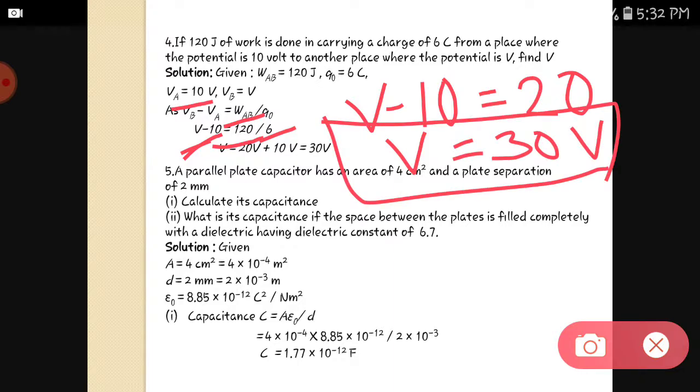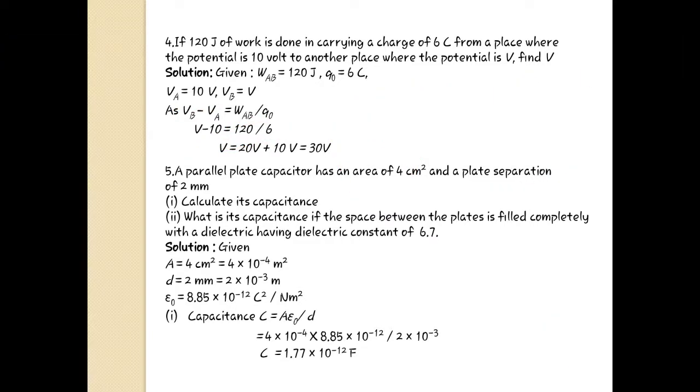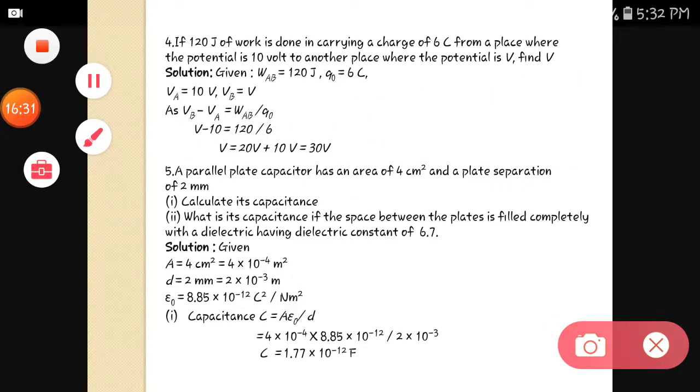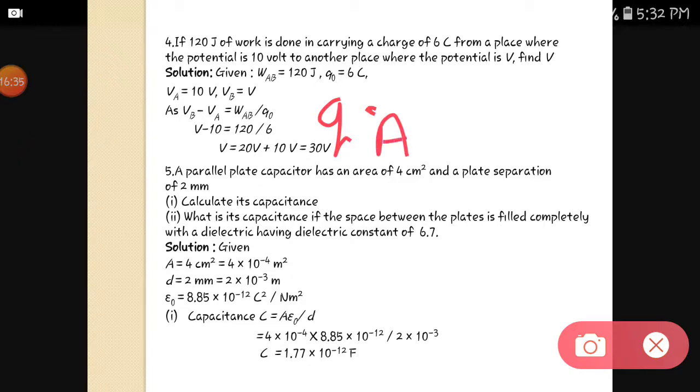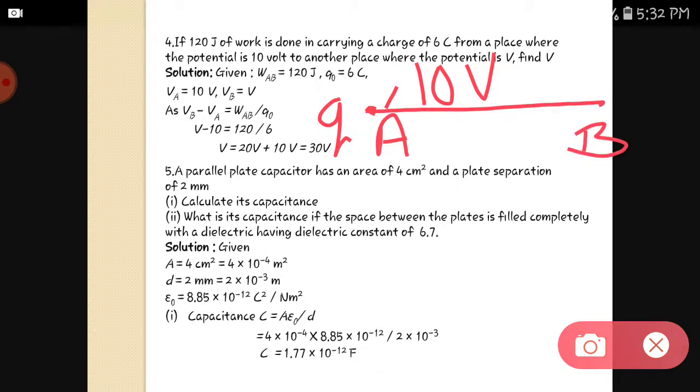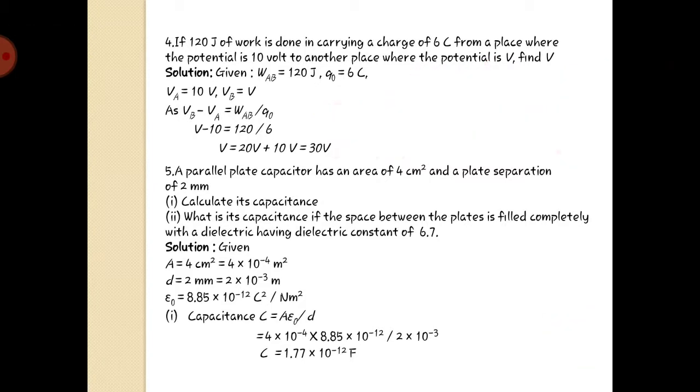So what you are getting is, when a charge of 6 coulomb, this is Q, is situated at point A, which is having potential 10 volt, when it is moved to point B, which is having potential 30 volt, then to move this, you will be having work done of 120 joule. So that is what we have found out.